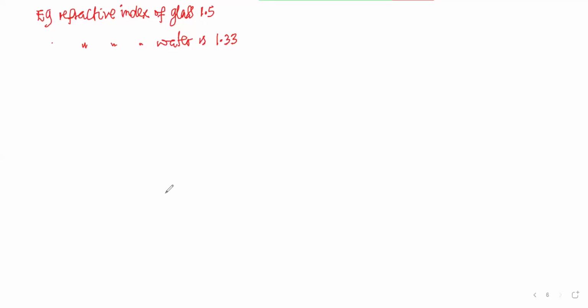Okay, and this is what we mean by absolute refractive index. So in Snell's law, that constant value is the refractive index, or the absolute refractive index of the denser material.